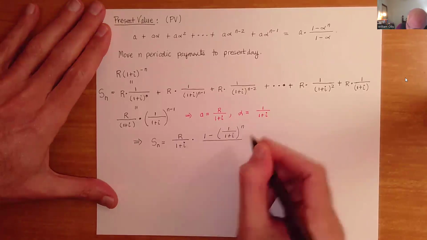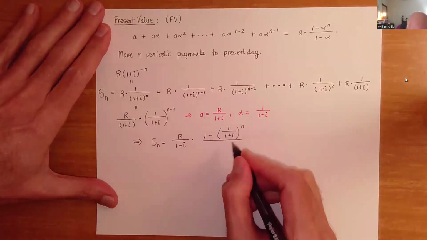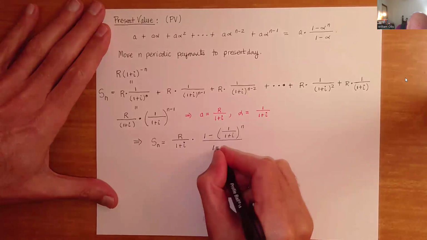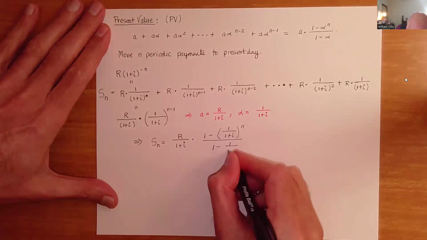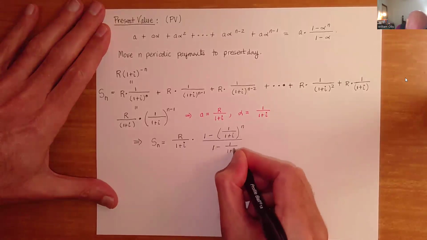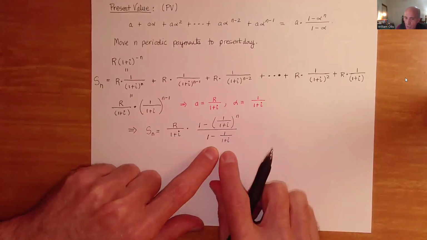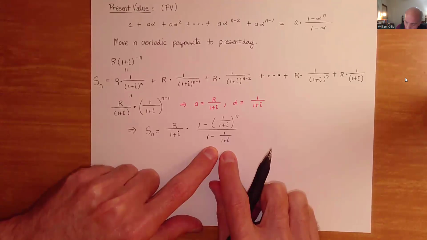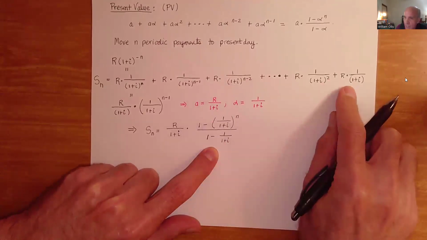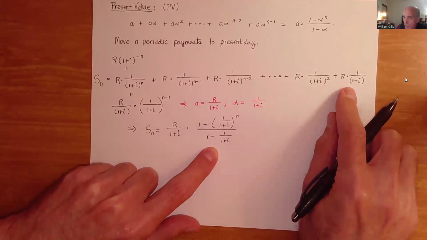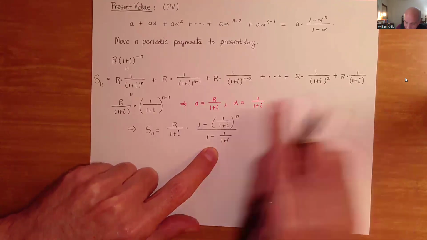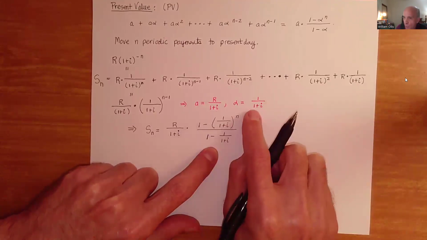And then downstairs, we have 1 minus alpha. So this is 1 minus 1 divided by 1 plus I. So this, though the fractions introduce more arithmetic, if we write it this way, it's usually easier to see what's going on arithmetically, and then you can make these assignments with more confidence.